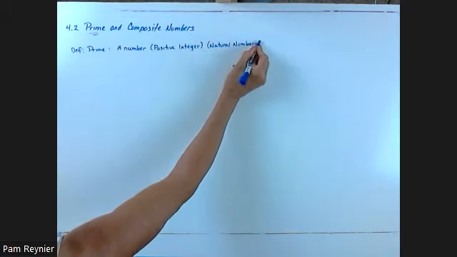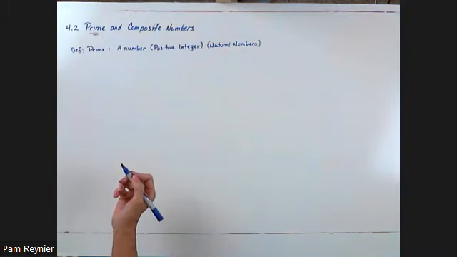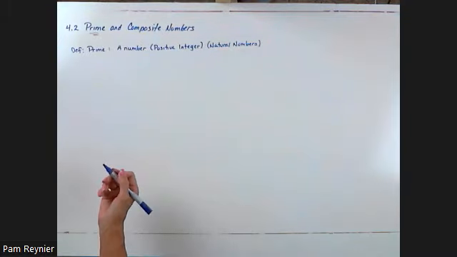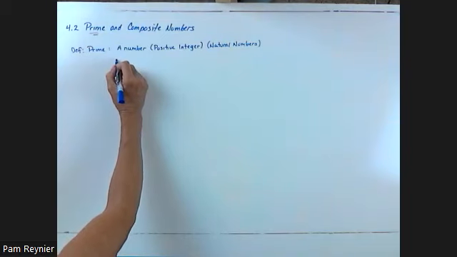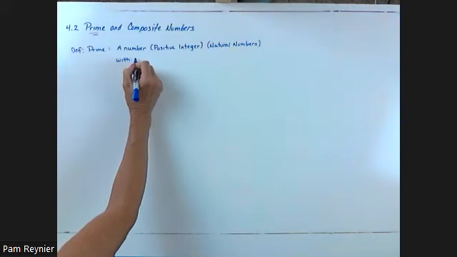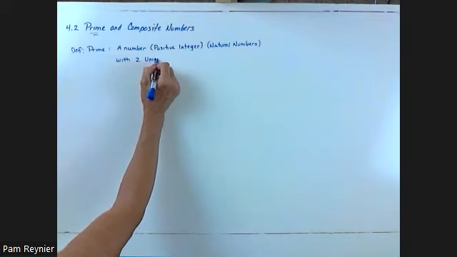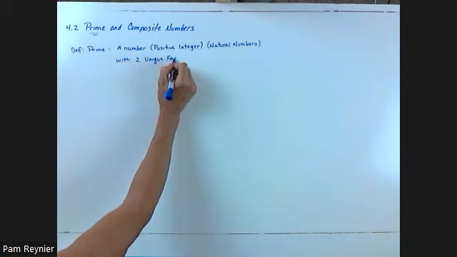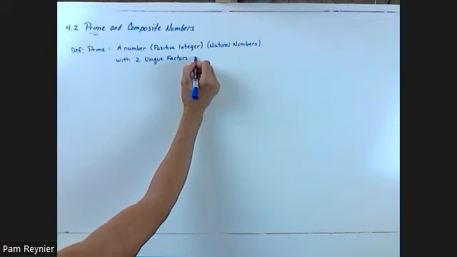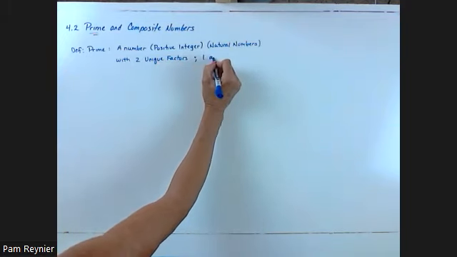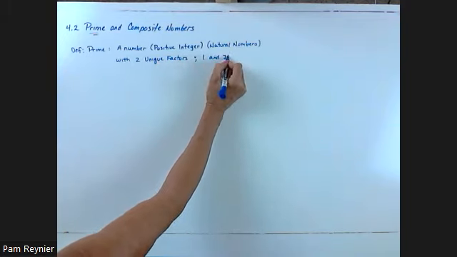One, two, well, not one, but positive integers starting with 1, 2, 3, with exactly two unique factors. Two unique, in other words, different factors. Primarily the number 1 and itself.